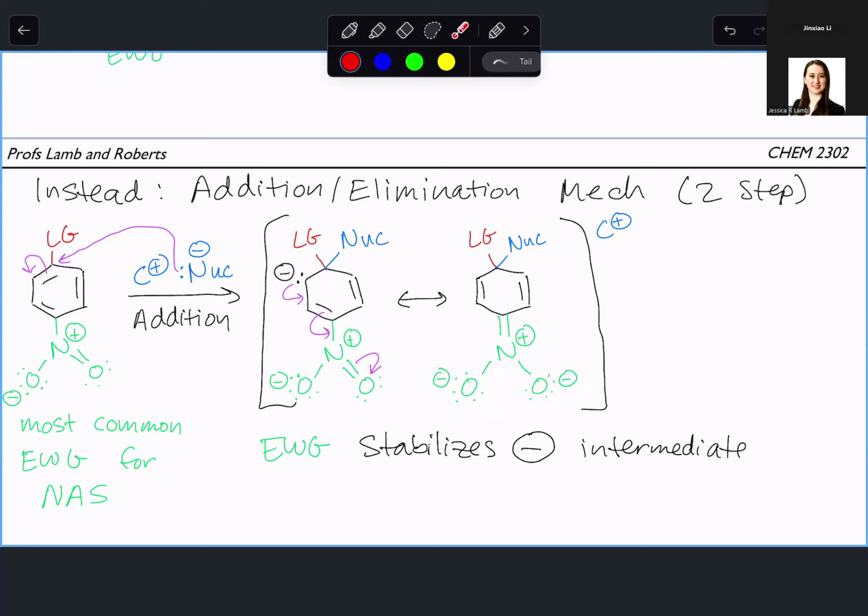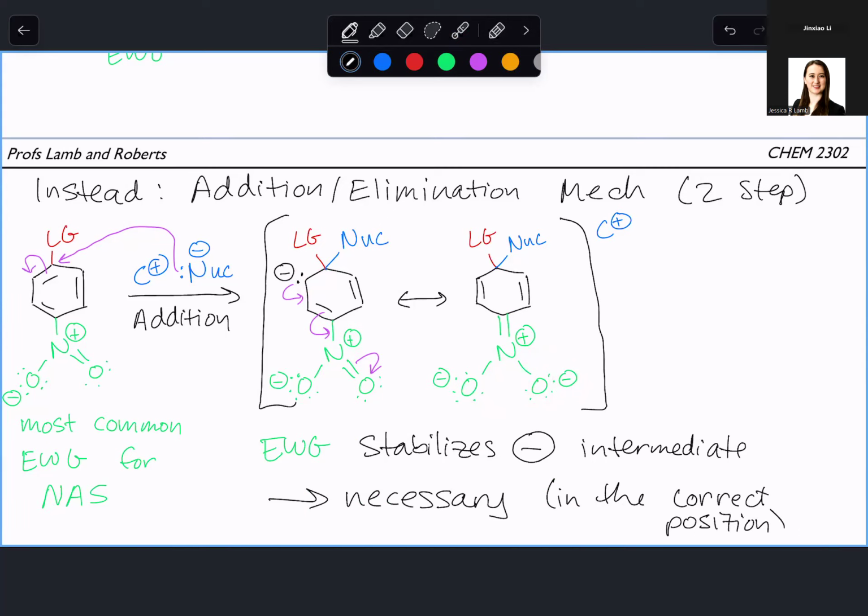So the fact that we can put negative charge on oxygen, very good, much more stable. And in fact, this is actually necessary to make the reaction go in the correct position. We'll get to that in a second. If you do not have this type of stabilization, this reaction does not happen. Okay, very, very important. So that's our addition step. So we have a bunch of resonance structures for this anionic intermediate.